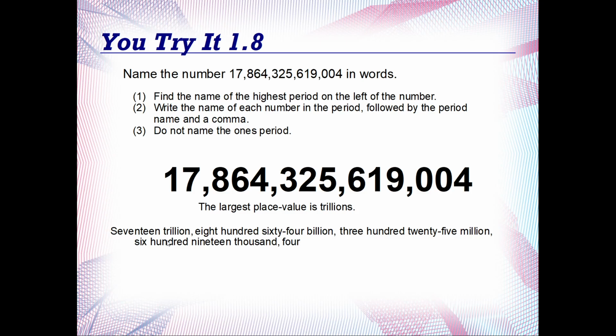So we have 17 trillion, 864 billion, 325 million, 619,000, 4. Make sure that we have a comma between each period, and I believe I do. 1, 2, 3, 4.